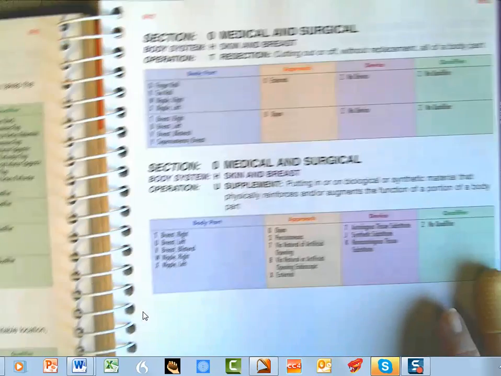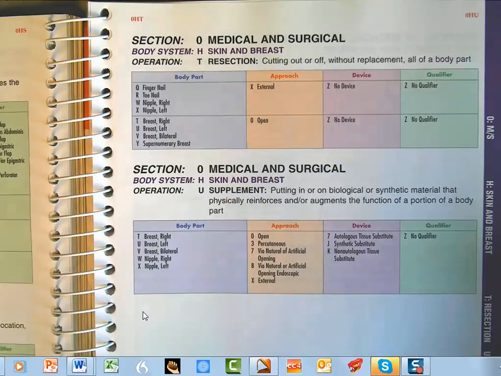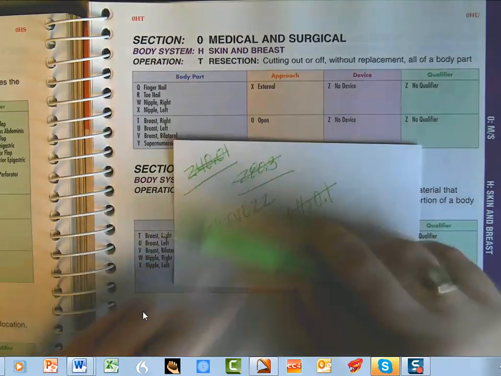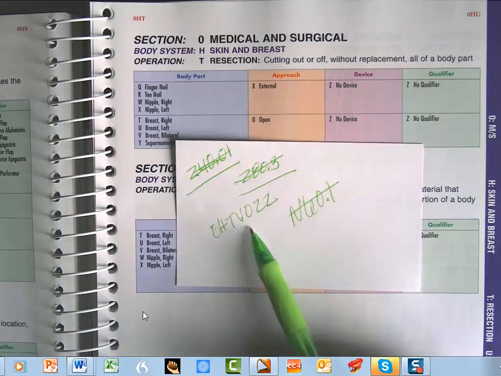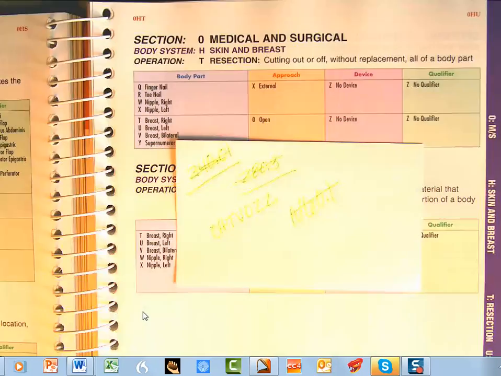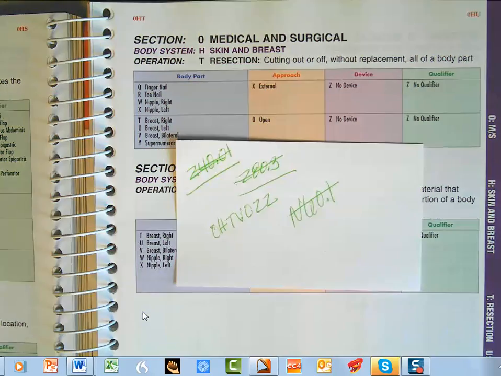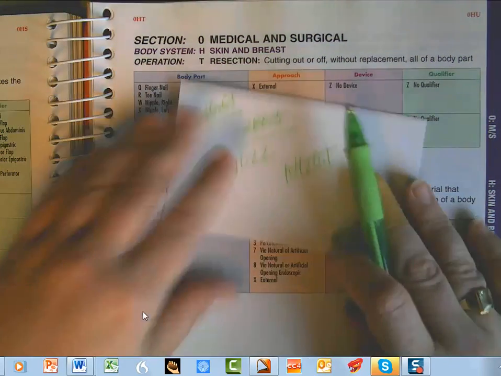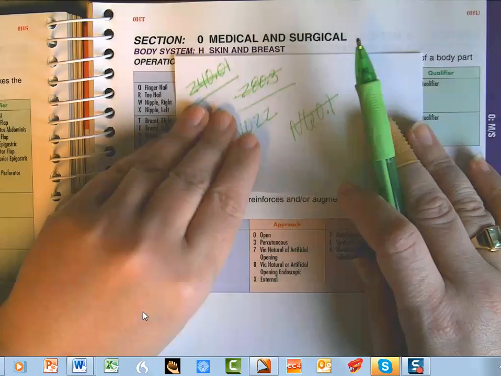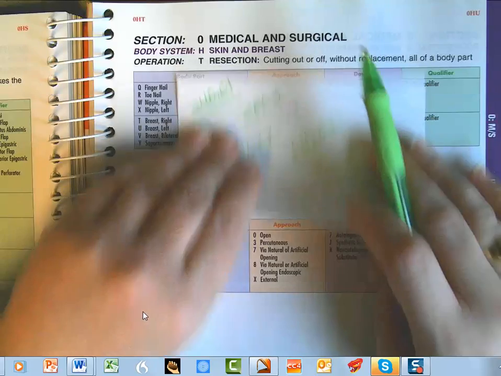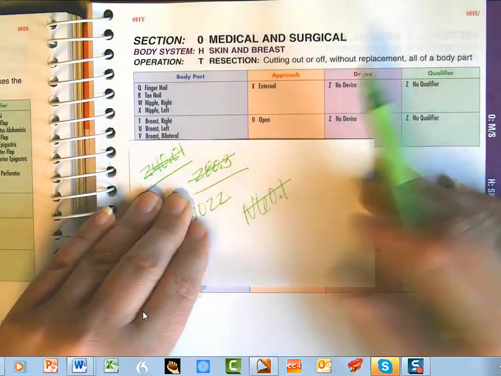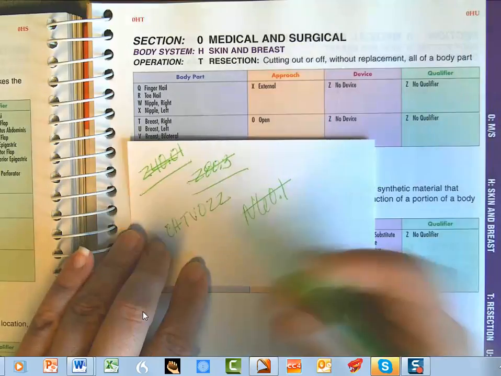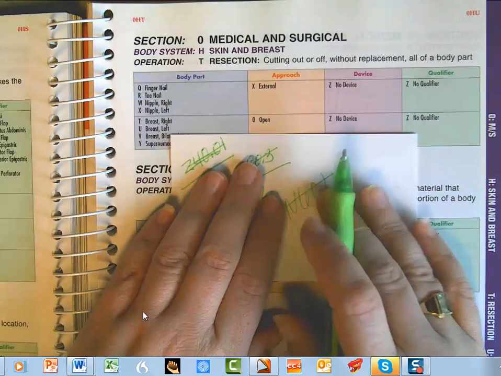Okay. Here is 0HT. So we've got 0HTV. My light went off there. Let me see if I can get it back up right there. Okay, that's good. 0HTV. So we are dealing with skin and breast. It is a resection, and V is bilateral breast. That's our body part. That's correct, isn't it? 0, it's got to be an open approach.